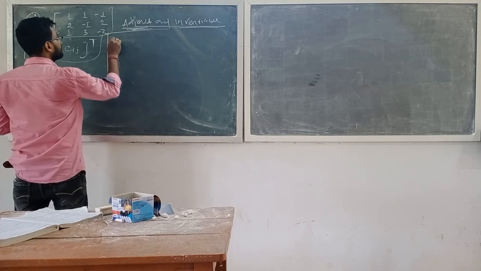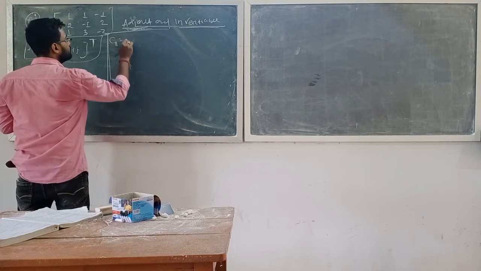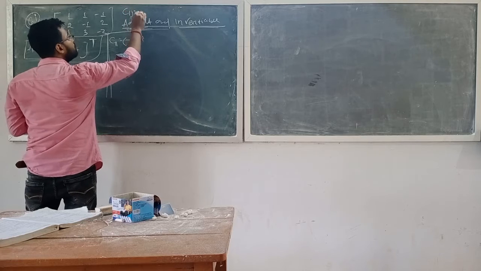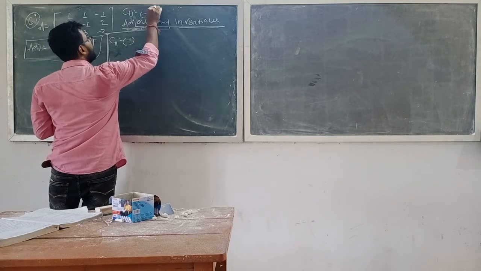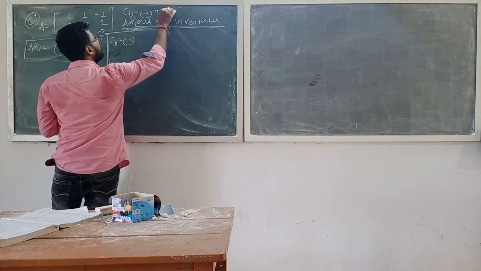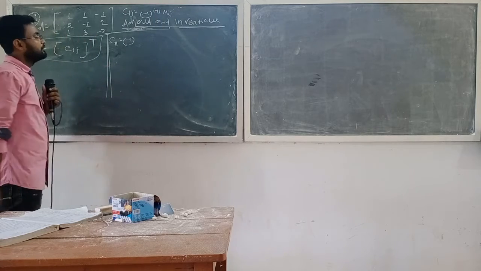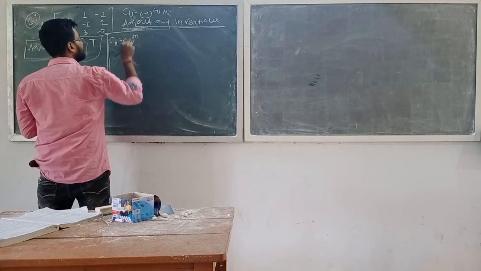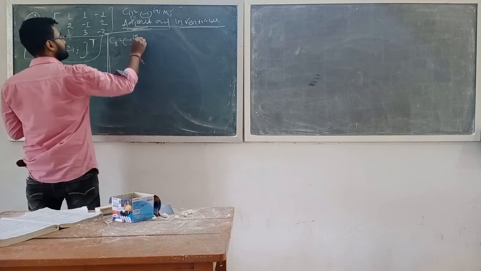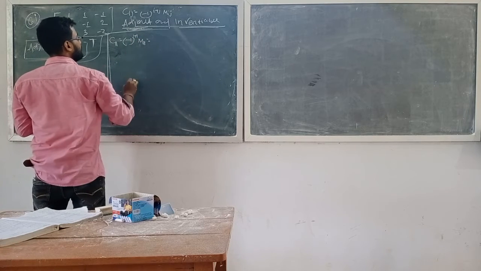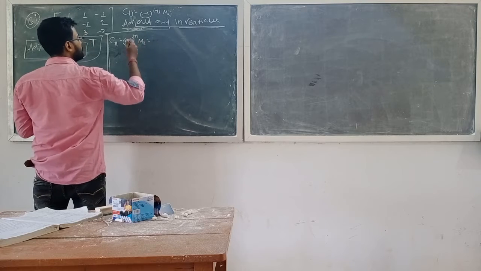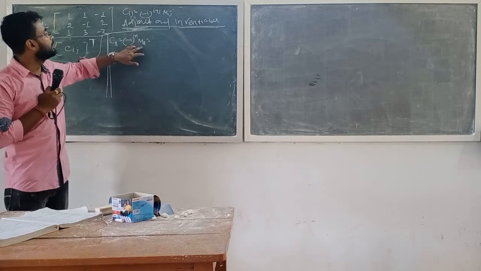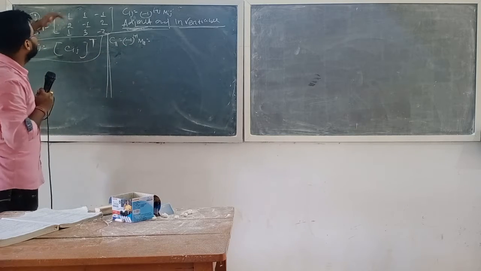Now start. The process is Cij equal to minus 1 to the power i plus j into Mij. So C11 is equal to minus 1 to the power 1 plus 1 into M11. To find M11, delete the first row and first column.